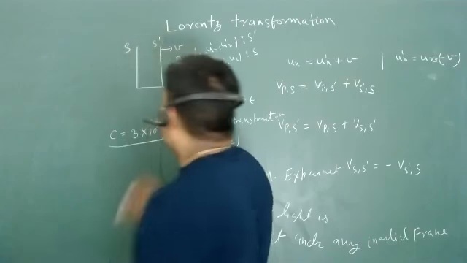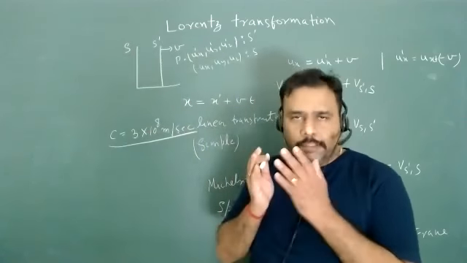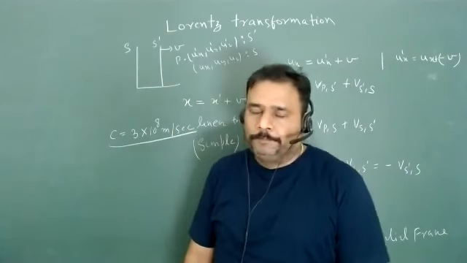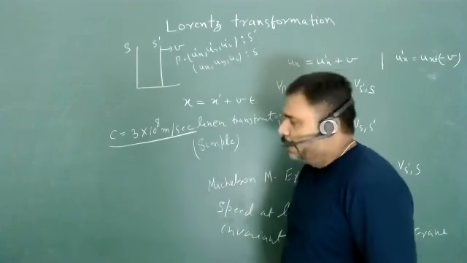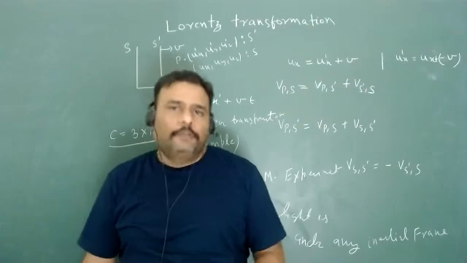So this number is invariant. Obviously this is the speed of light. So the Galilean transformation is not very adequate.